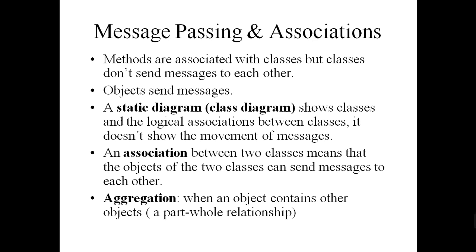Message passing and associations. A class does not send messages to each other, but the functions or methods associated with the class can send messages to each other, that is, communicate from one object to other objects. That's why object and object can send a message, but classes do not send a message to each other.